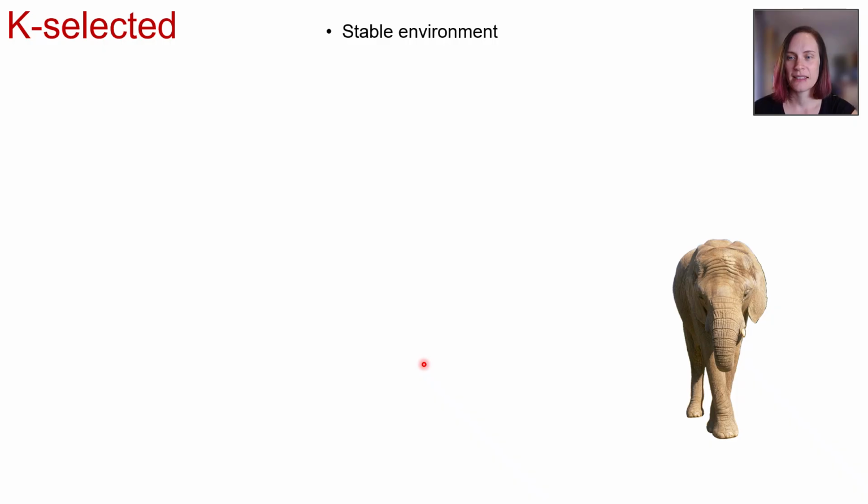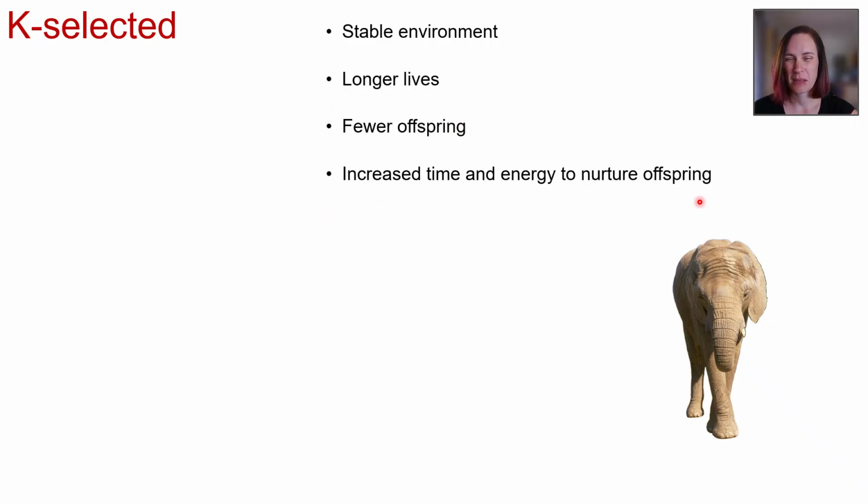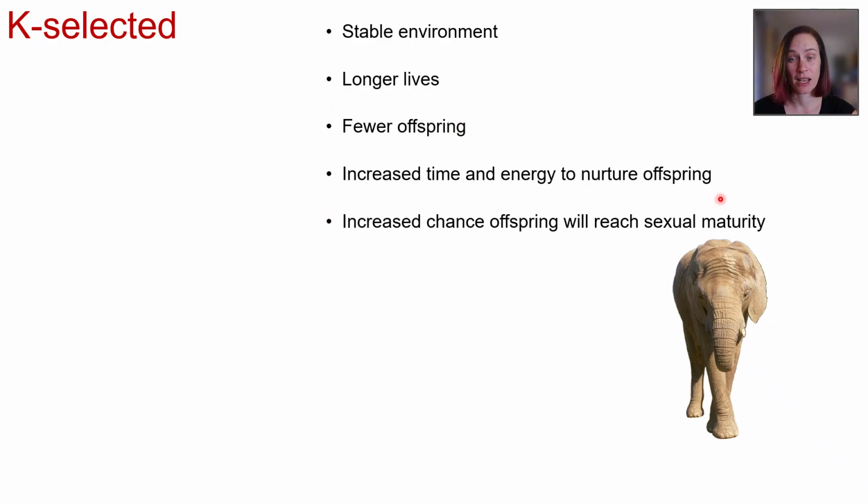Now, K-selected organisms have characteristics which favour the opposite end of this spectrum. They exist under really strong competition, they're in stable environments, and they're pushed to use the available resources more efficiently. So they have longer lives and fewer offspring, but they put a lot of time and energy into looking after those offspring.